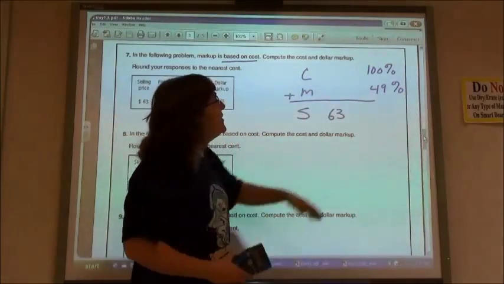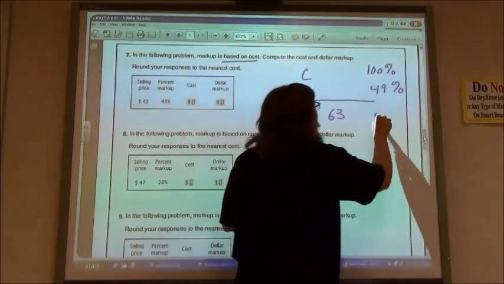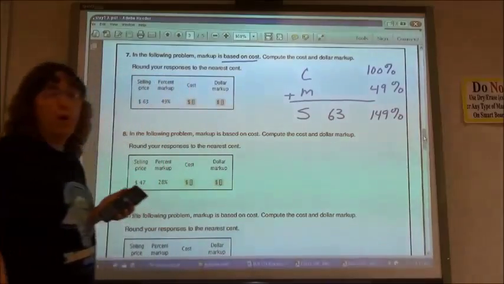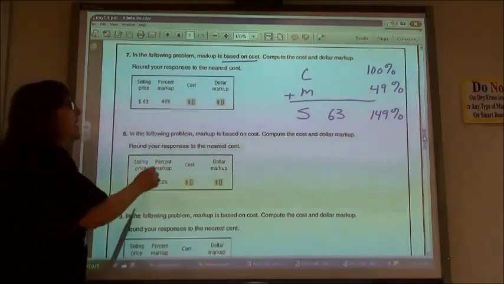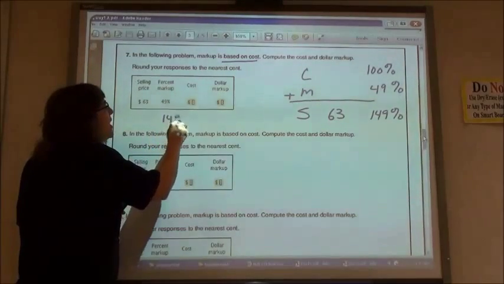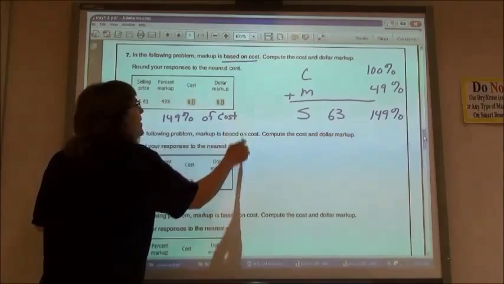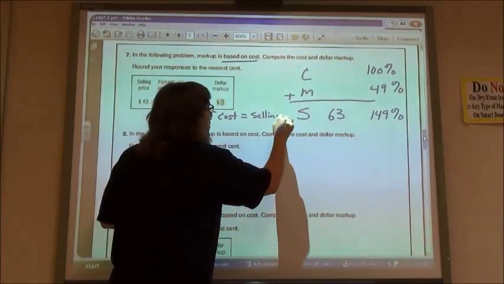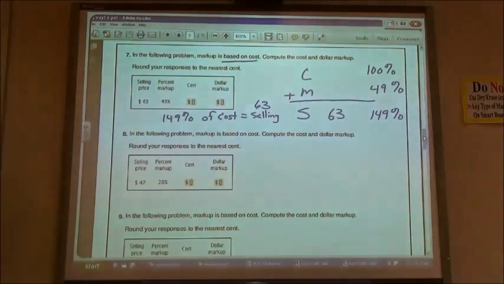So what that means is if I take 100% plus 49%, that 149% is what my percent markup on the cost is. So what I'm saying is 149% of the cost is equal to my selling price, which I know is $63.